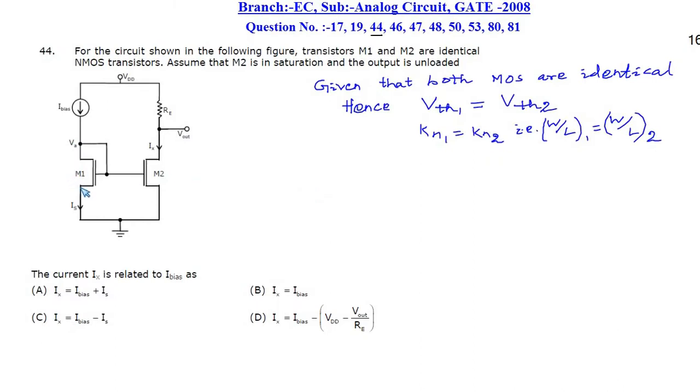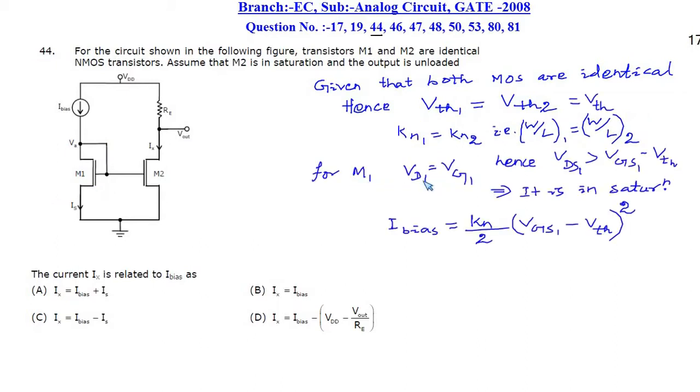Now if you see the transistor M1, its drain and gate are both shorted, so it will always be in the saturation region. So for M1, as drain and gate are shorted, its drain voltage will be equal to the gate voltage, that is VD1 is equal to VG1.